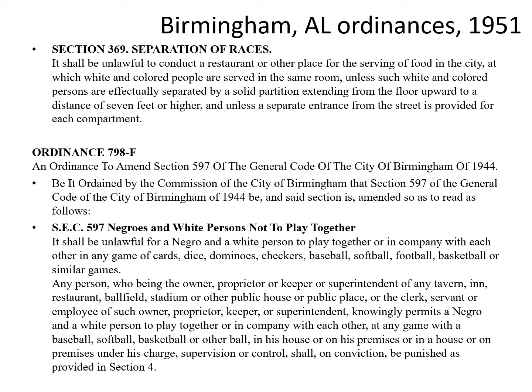So it wasn't just that the police were in charge of patrolling this, but that in fact individuals who happened to own businesses were in charge of enforcing segregation law. Okay, one of the reasons why I like to look at this particular Birmingham ordinance is because to me it goes to the core of a critical aspect of segregation. People who were pro-segregation tended to argue that racial separation stopped violence from happening.